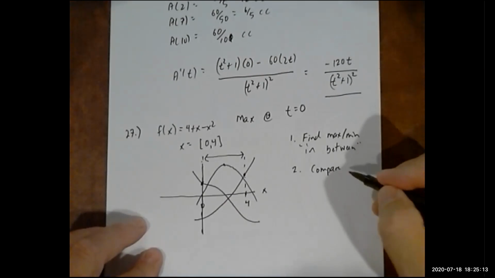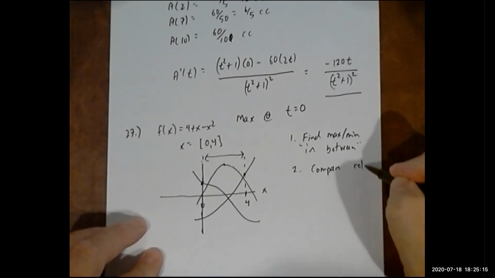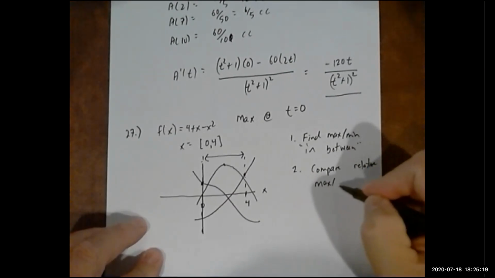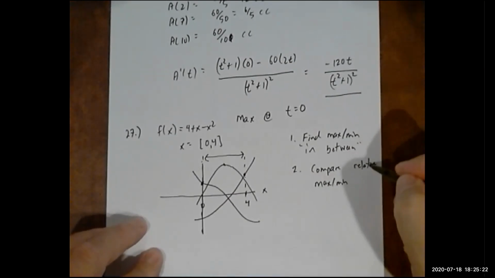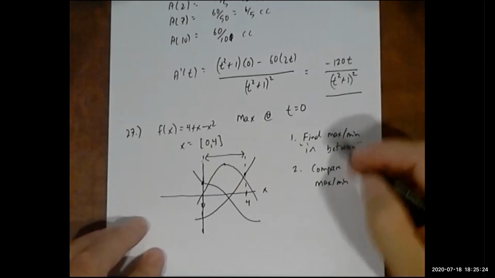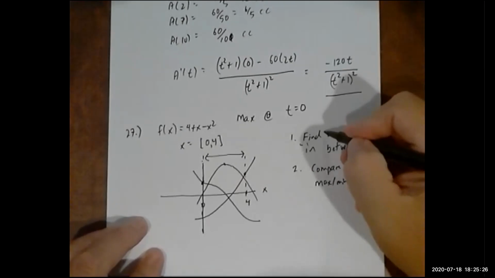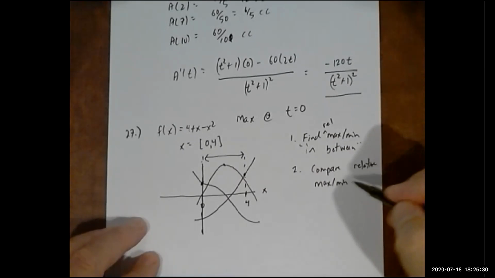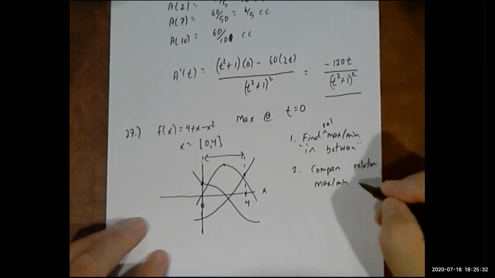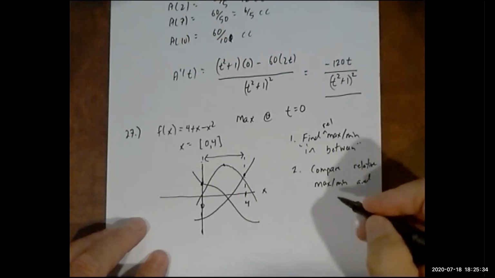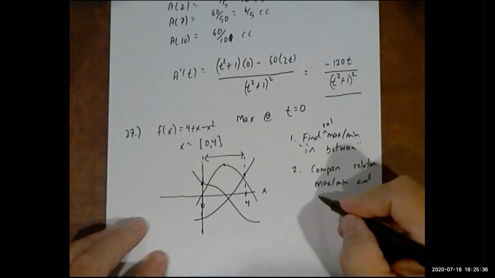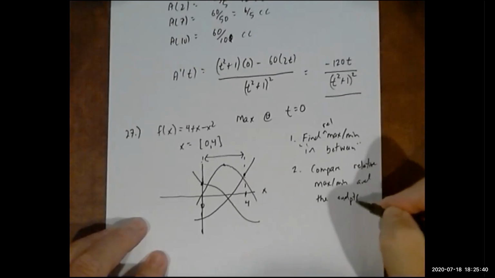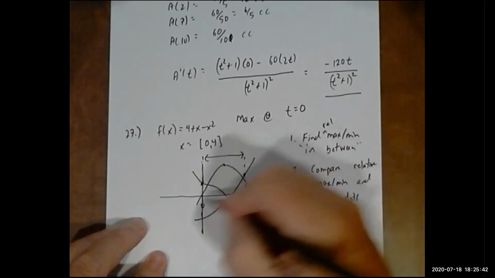Then, at that point, you compare the relative max and min, by that I mean what you just found, with the endpoints. So these we call the endpoints, 0 and 4.